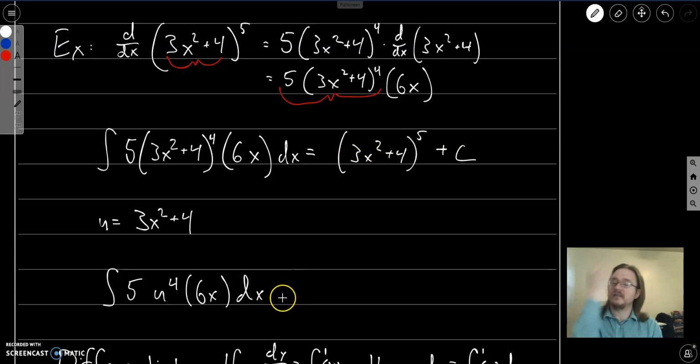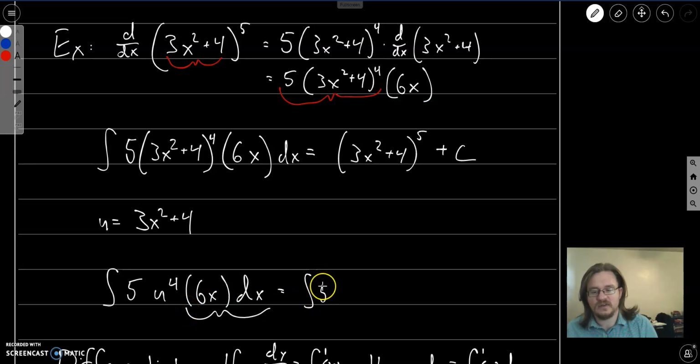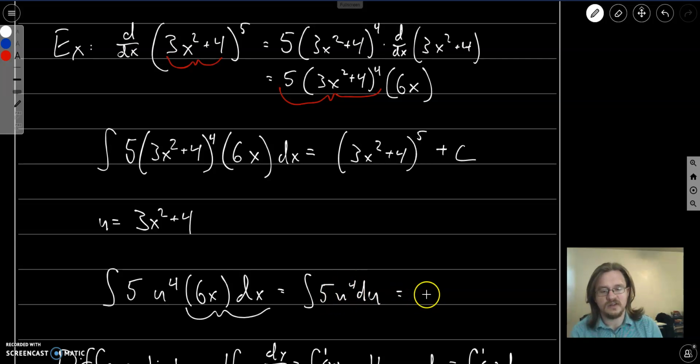So we almost have an integral in u. And it turns out that this part to the side is going to be the same thing as du. And this is a function that we can take the integral of. 5 times u to the 4th power. We raise u to the 1 higher power, and we end up dividing by that power.